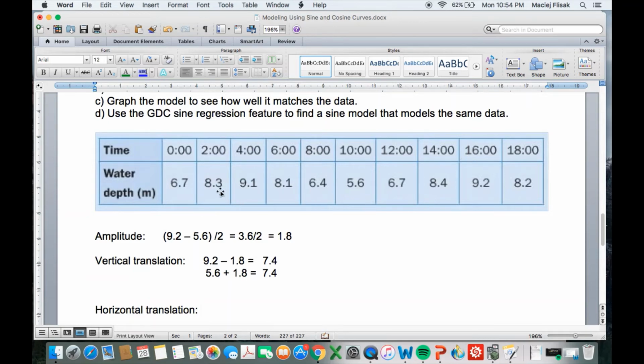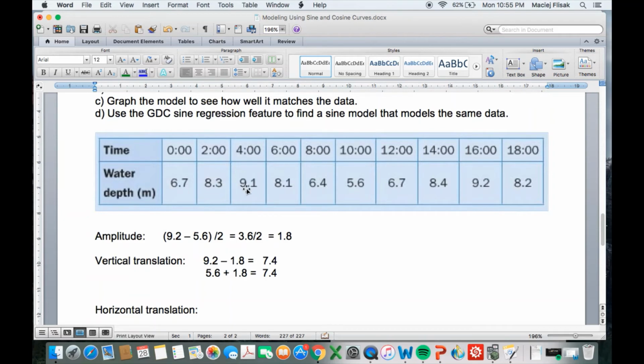But anyway, I want you to think about this a little bit more here. 9.1 is very close to 9.2, right? This data is not going to be perfect, but if a cosine graph is going to model it, then some of these data points are going to be a little bit off, right? And you can think of the 9.2 as basically being the same as 9.4. So for example, it goes here, goes up to 8.3, up to its upper point, down to 8.1, down to 6.4, 5.6. Then it's going up again, 6.7, which matches this one, 8.4, which almost matches that one, 9.2, which pretty much matches this one.